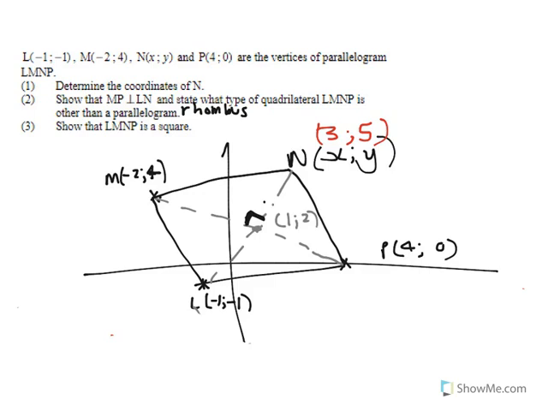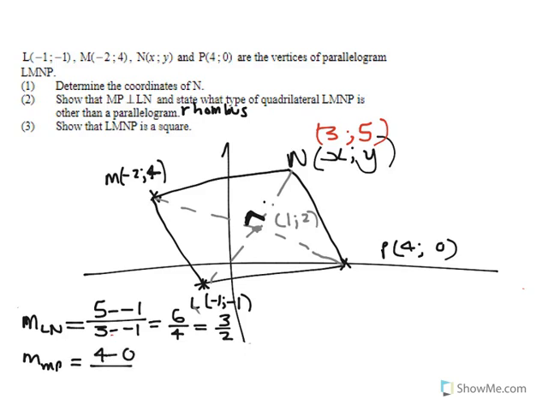So in order to show that they meet at 90, I'm going to work out the gradient of LN, which is 5 minus minus 1 over 3 minus minus 1. So that would be 6 over 4, which is 3 over 2. Then I'm going to work out the gradient of MP, which is 4 minus 0 over minus 2 minus 4. So that would be 4 over minus 6, which is negative 2/3.